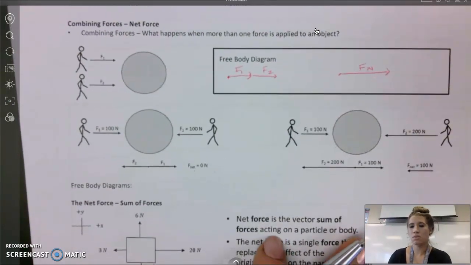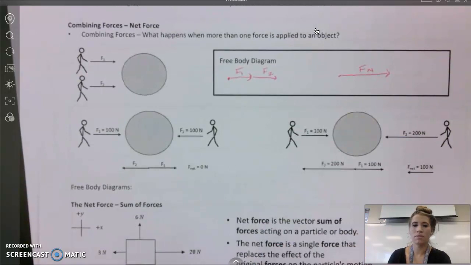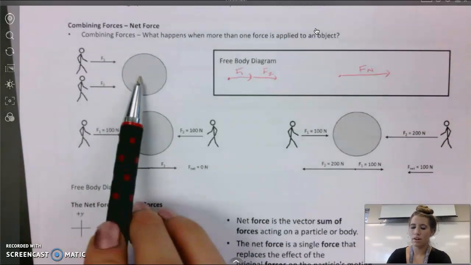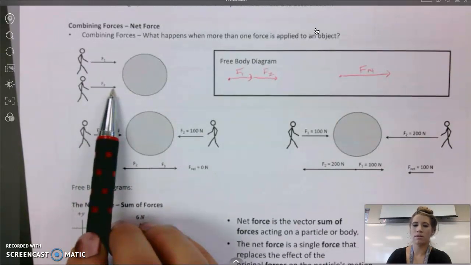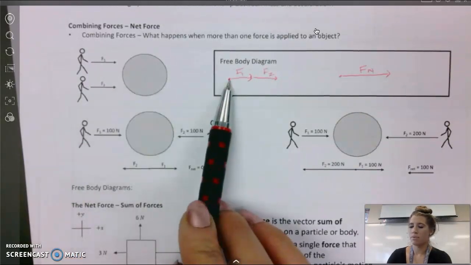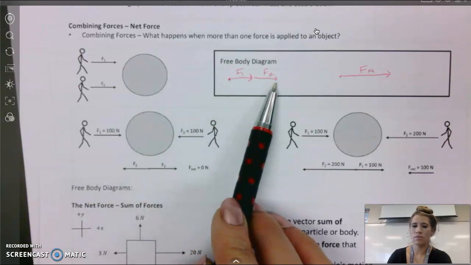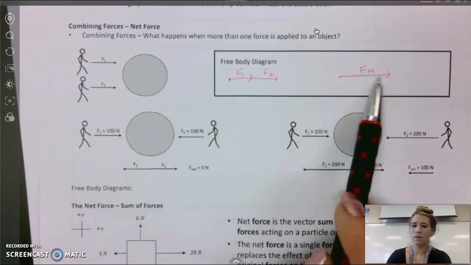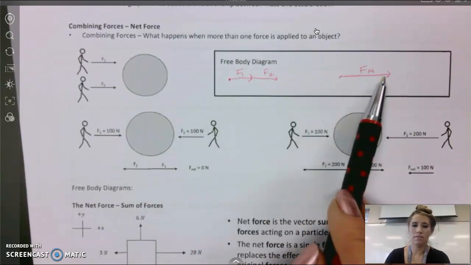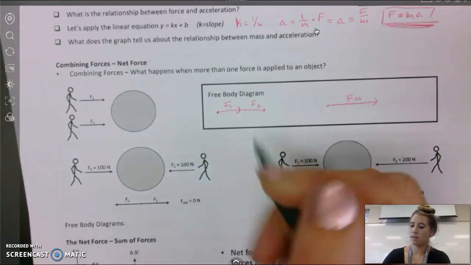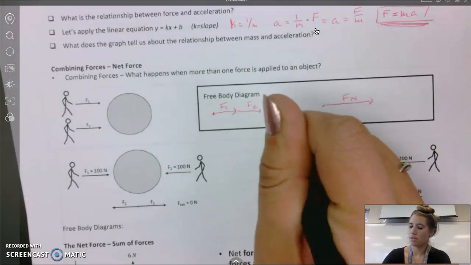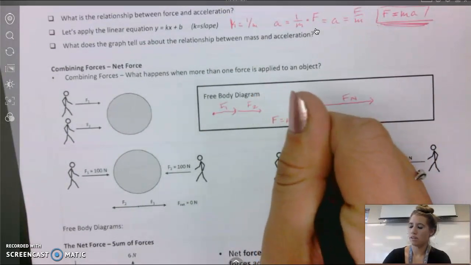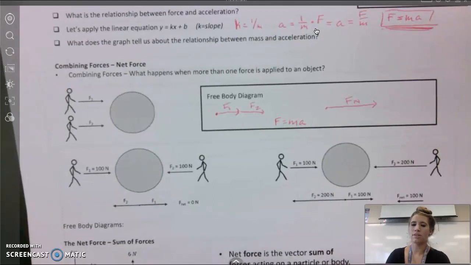So what can this equation tell us? Well, first off, if we have an object and we're applying two forces to that object, I would take the addition of those two forces to tell me what that overall net would be. Okay? And we know that force is equal to mass times the acceleration.